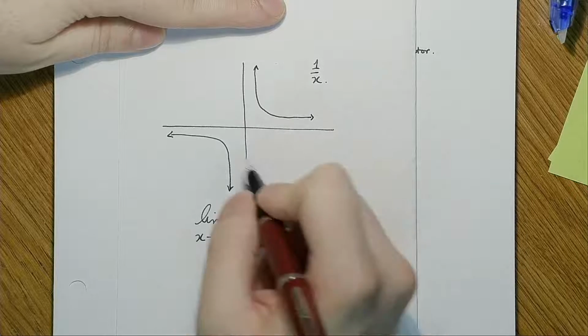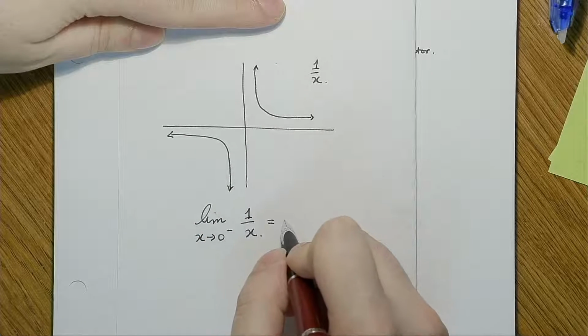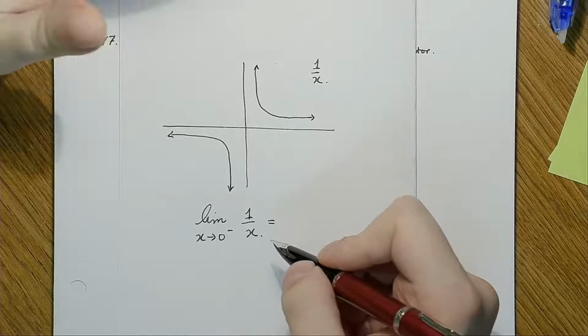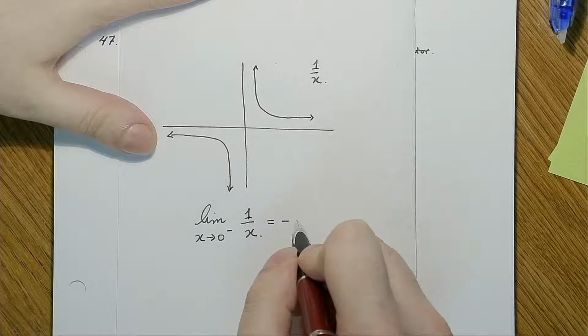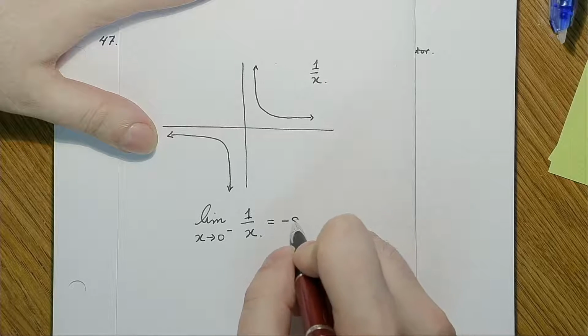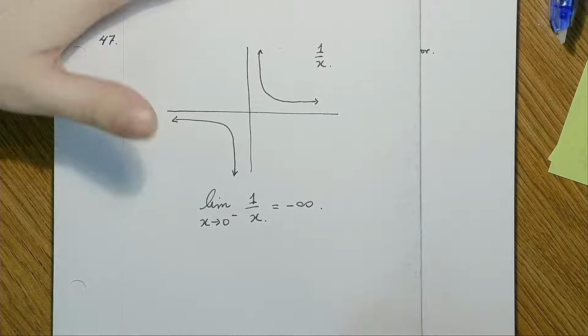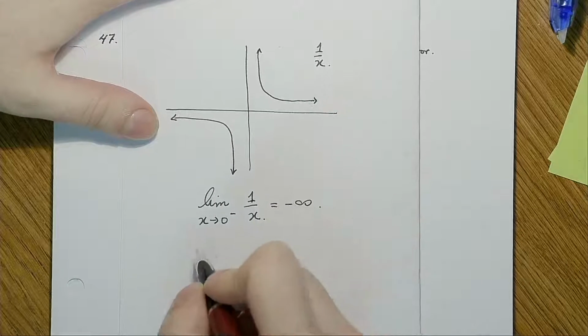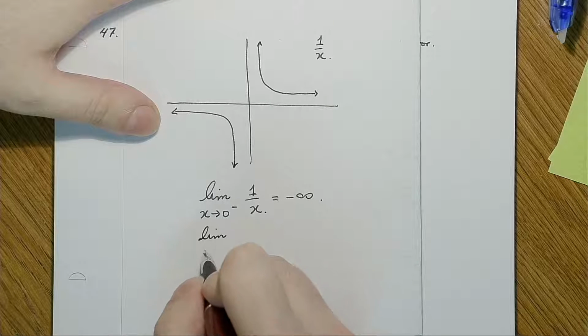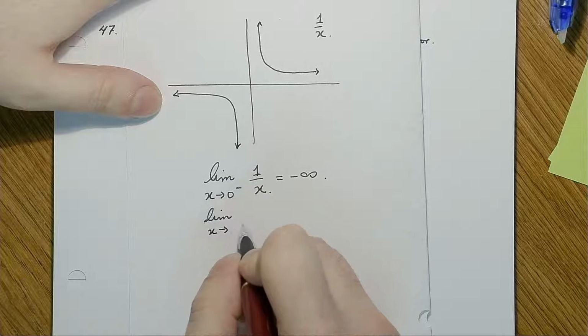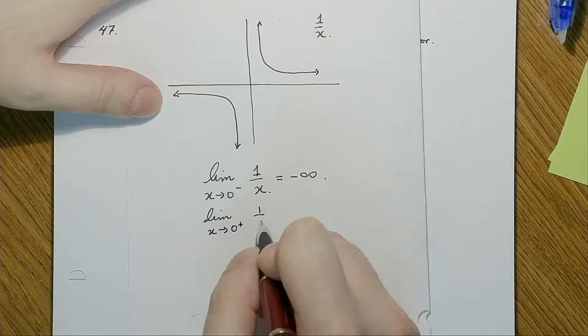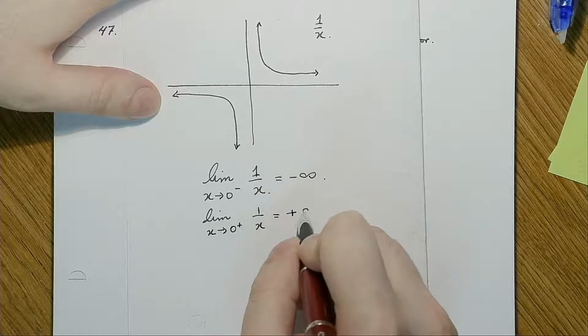if I look from the left-hand side, and I know I'm writing equals, and I know that is not right, but it's going off to negative infinity. It's not defined. And then on the right-hand side, it's screaming off to positive infinity.